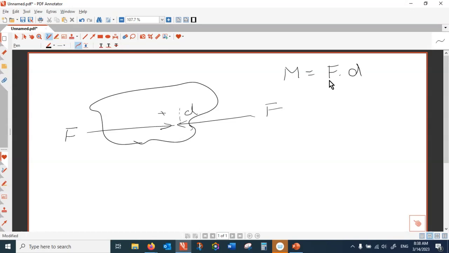All right. So you remember from energy and motion, the conditions of equilibrium. There are two conditions: the condition of rotation and the condition of translation.